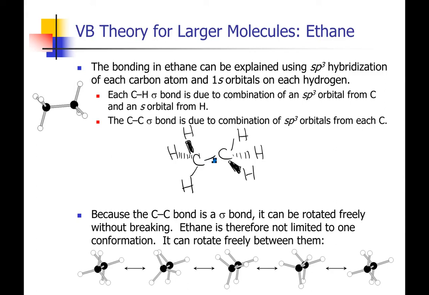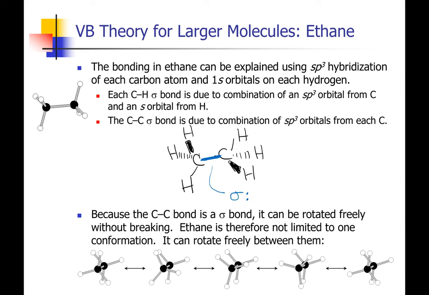So this bond here in the middle between the 2 carbon atoms, since each carbon atom is only bonding using an sp3 hybrid, must have been made from an sp3 hybrid orbital from each of the two carbons. And because those hybrid orbitals are pointing directly at each other, this is going to have to be a sigma bond.